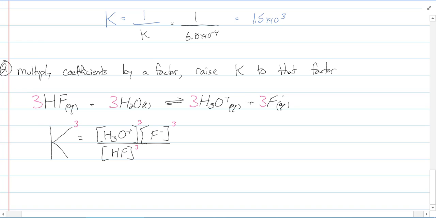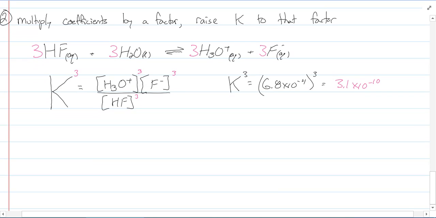So we're going to cube K. So K cubed is equal to 6.8 times 10 to the negative 4 cubed, which happens to be 3.1 times 10 to the negative 10th. And so that's how it happens if we raise K to a factor.